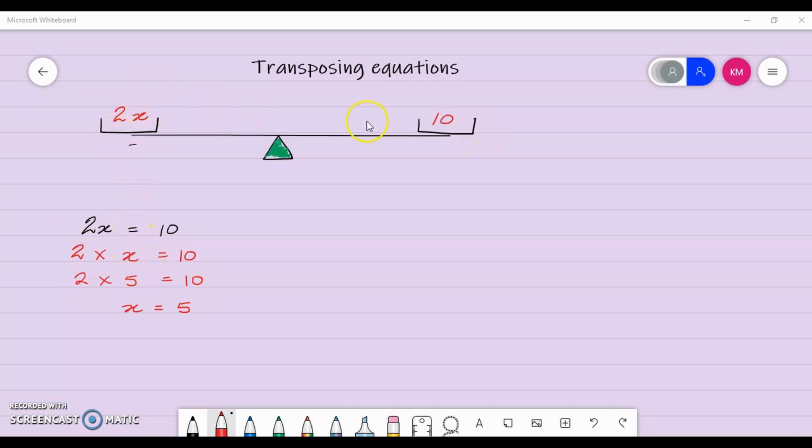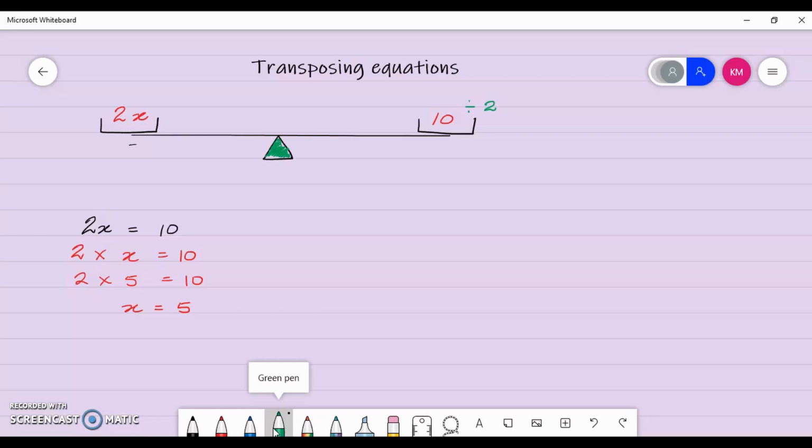Now, if we look back at our scale, I can divide 10 by 2 here. Let me change that color. So I'm dividing this by 2, but remember, it is on a scale, and I want to keep my scale balanced at all times. I don't want to change the value of my equation.